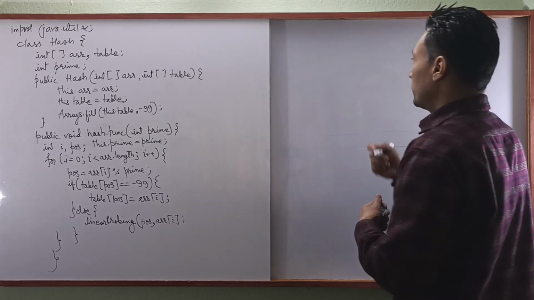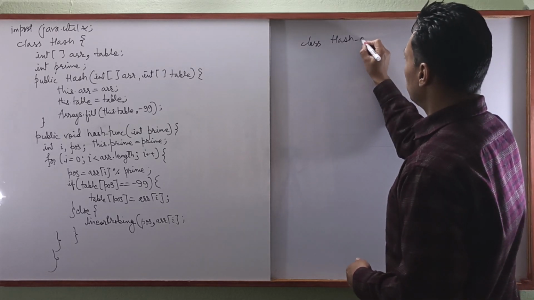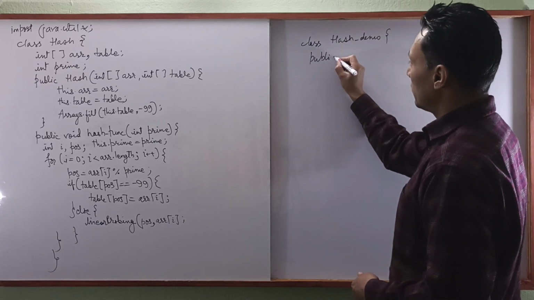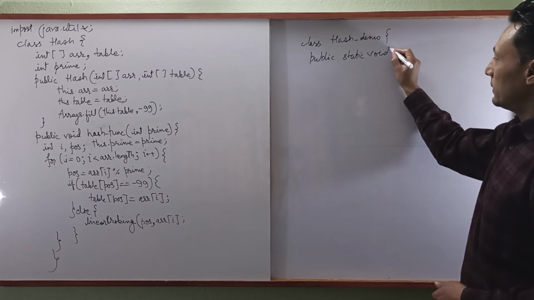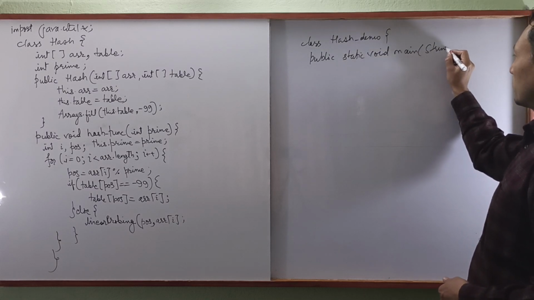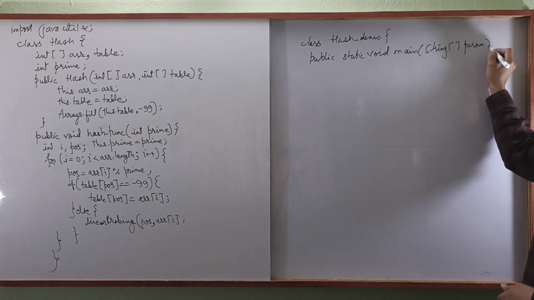Let's suppose the class is Demo. public static void main, then String args.